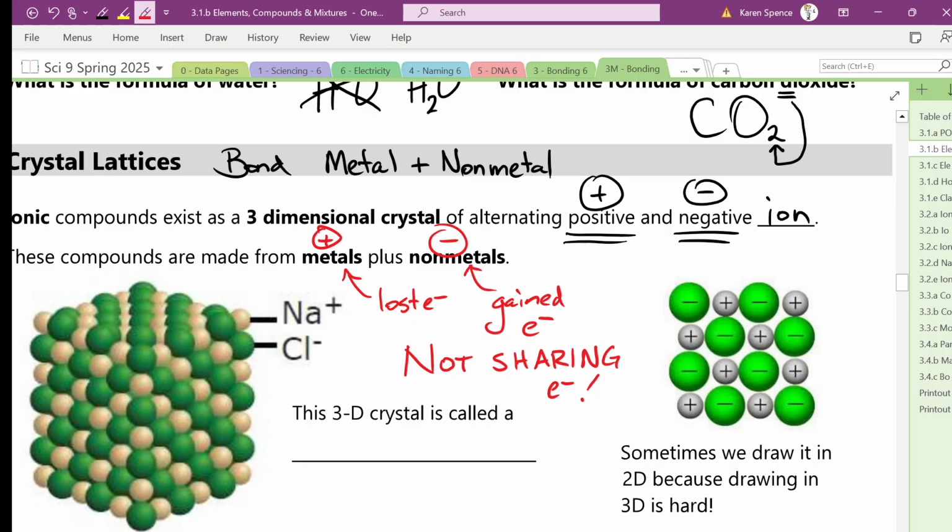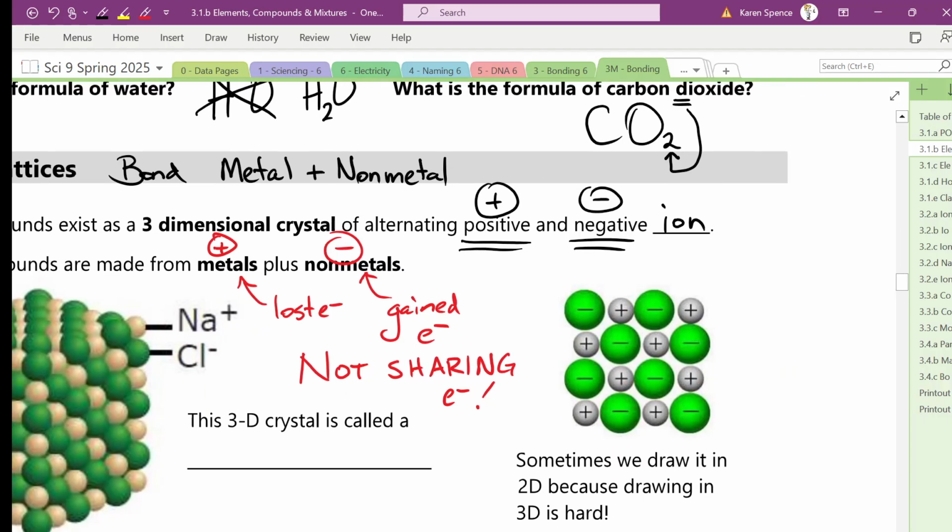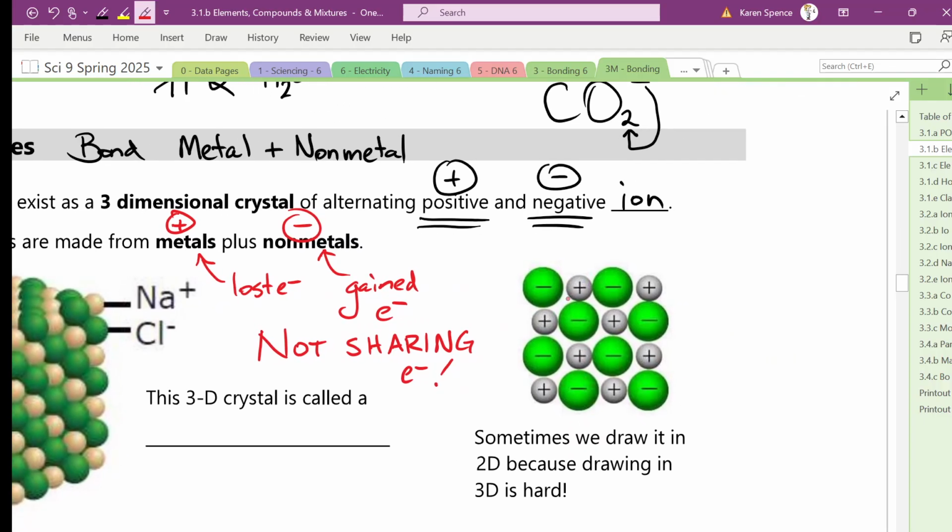So is this a covalent bond that's sticking them together? No, because a covalent bond is all about sharing electrons. So we need a different name for this kind of bond. The bond that we have here, this little bond right here, is made of ions. Can you guess what it's called? An ionic bond.